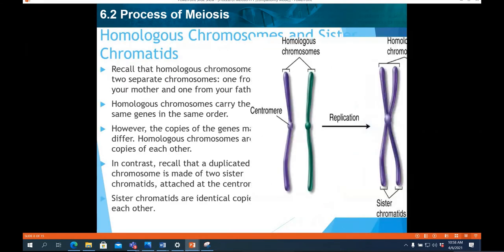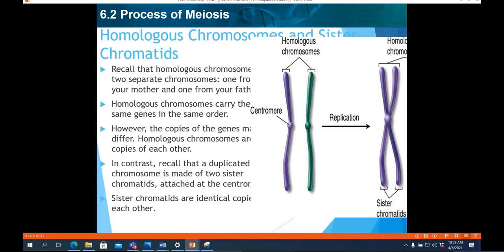Perfect. Lana Musa, could you continue? Thank you, Roya. With the homologous chromosomes and sister chromatids, we call the homologous chromosomes 2 separate chromosomes, one from your mother and one from your father. Homologous chromosomes carry the same genes in the same order. However, the copies of the genes may differ.